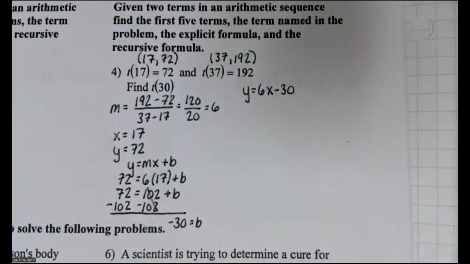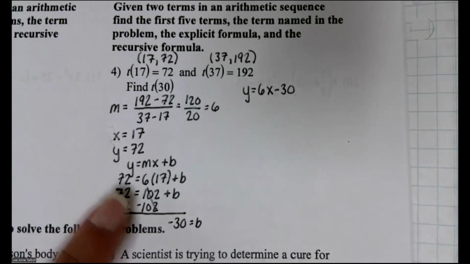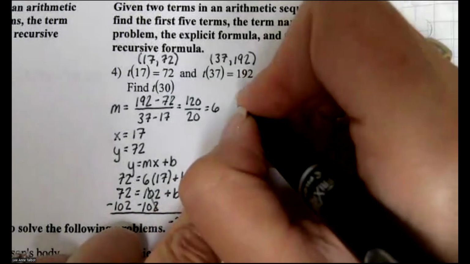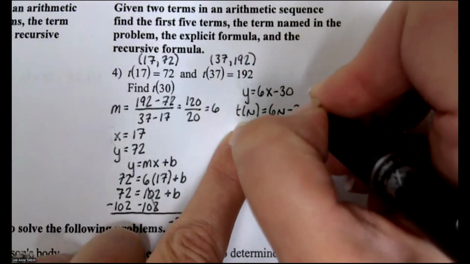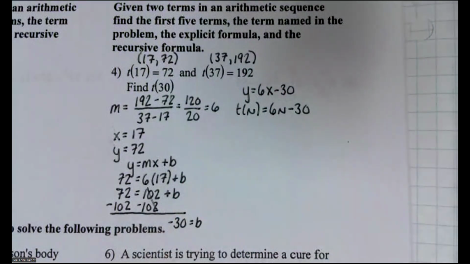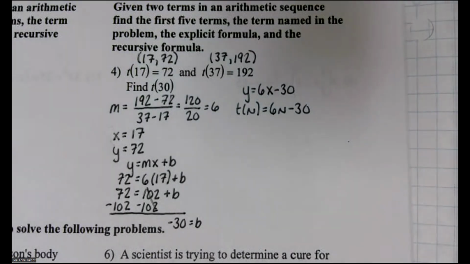Okay, and what I'm going to do is change that into sequence notation to get my explicit formula. So that would be T of n equals 6n minus 30. Okay, so what did I do so far?